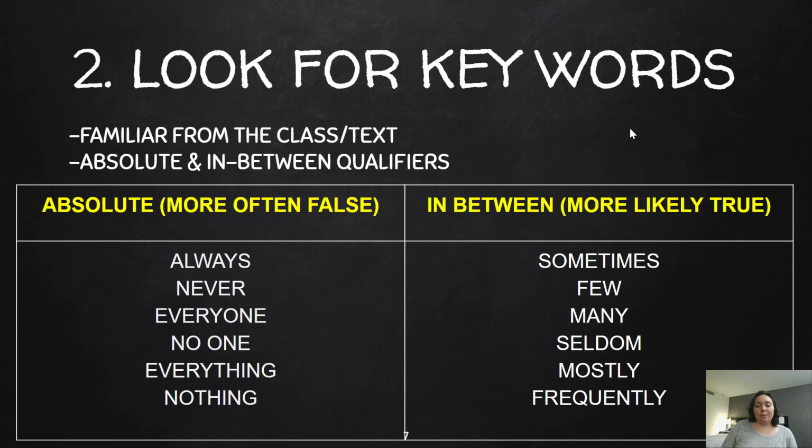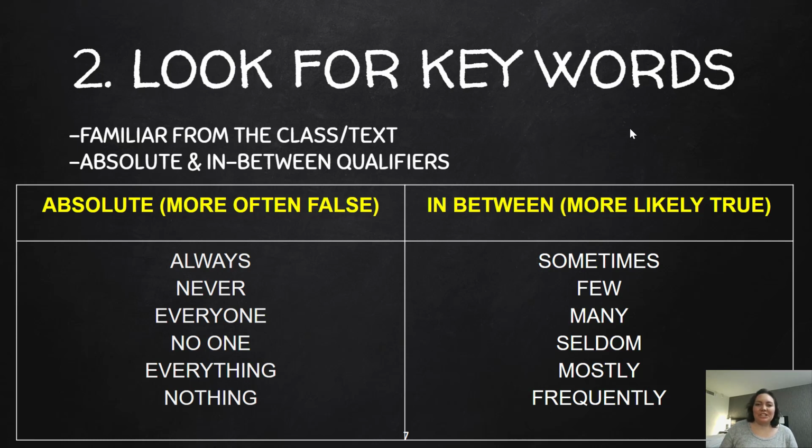And so that might be one of the things that you want to look for either in the questions or the answers. In between qualifiers are more likely true or more likely the correct answers. So if you see answers that have the words sometimes, few, many, seldom, mostly, frequently, right? Those are not as extreme. They're in between, right?